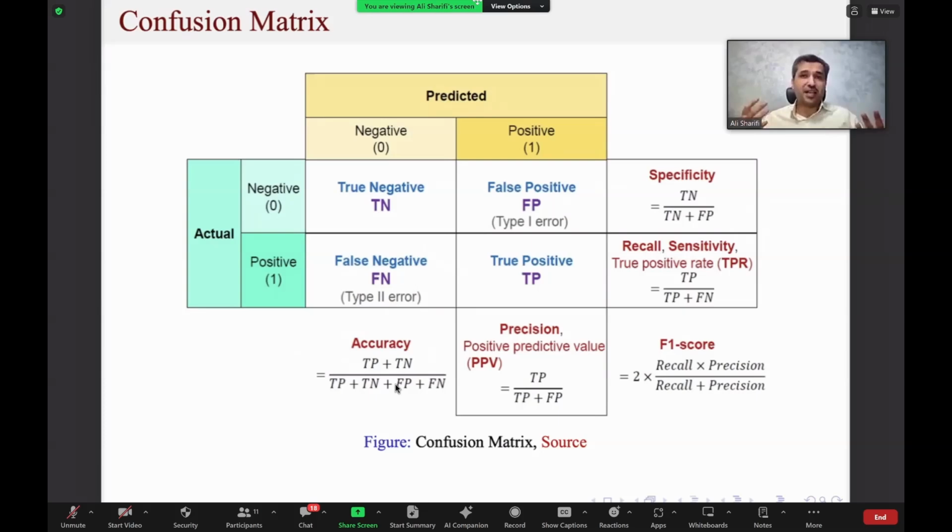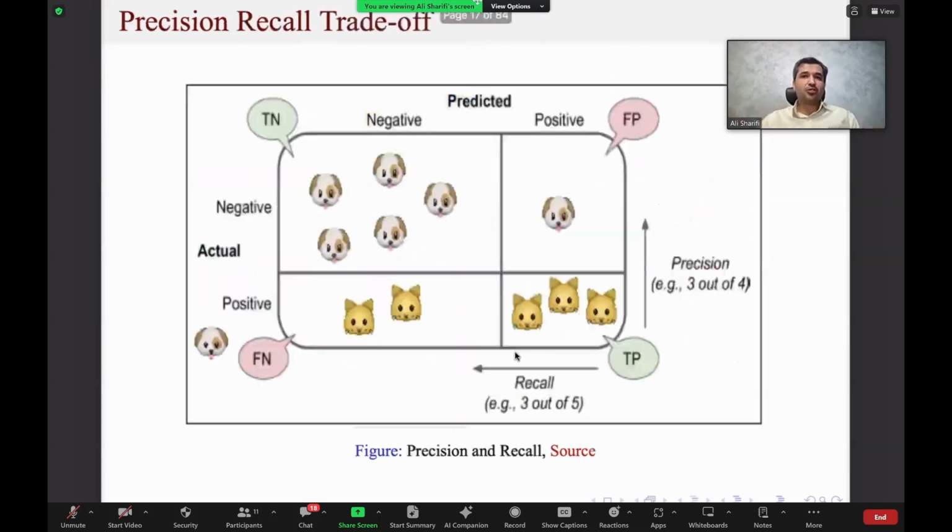Our test is simply rubbish because it is assigning every person as negative. So in imbalanced cases, we should care about other metrics like the F1 score, or sensitivity and specificity, or sensitivity and precision, which is called recall versus precision, in order to make sure that the test is working well.